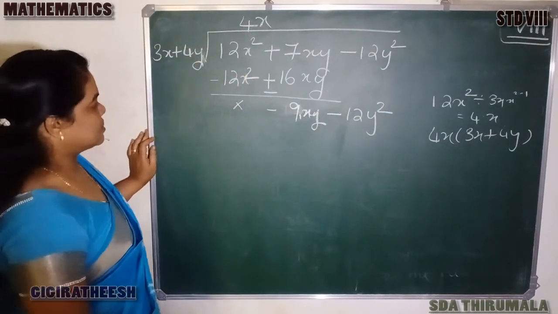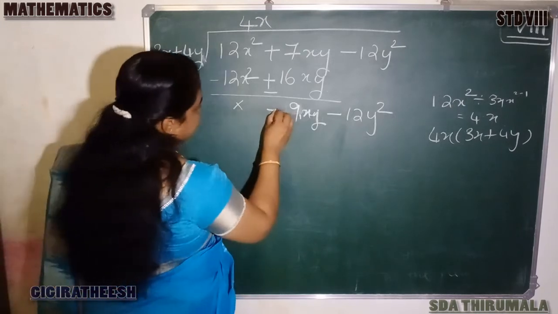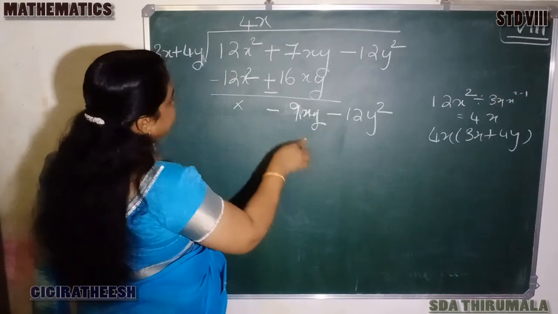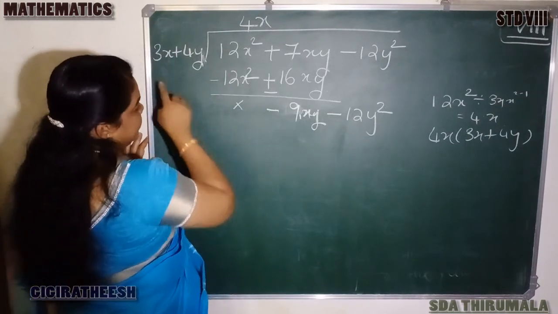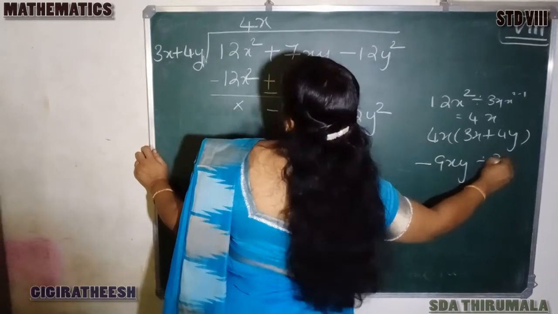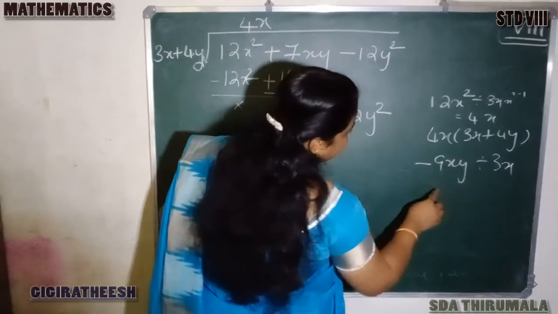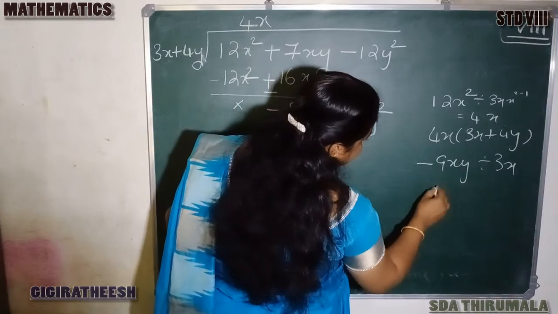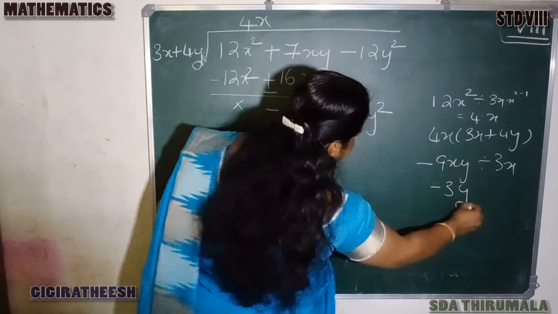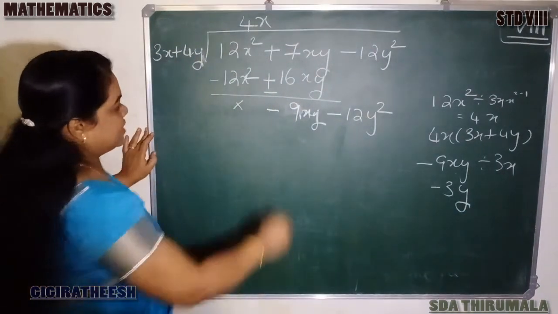Then after that dividing this minus 9xy by 3x, that is minus 9 divided by 3 is equal to minus 3, and xy divided by x is equal to y, that is minus 3y.